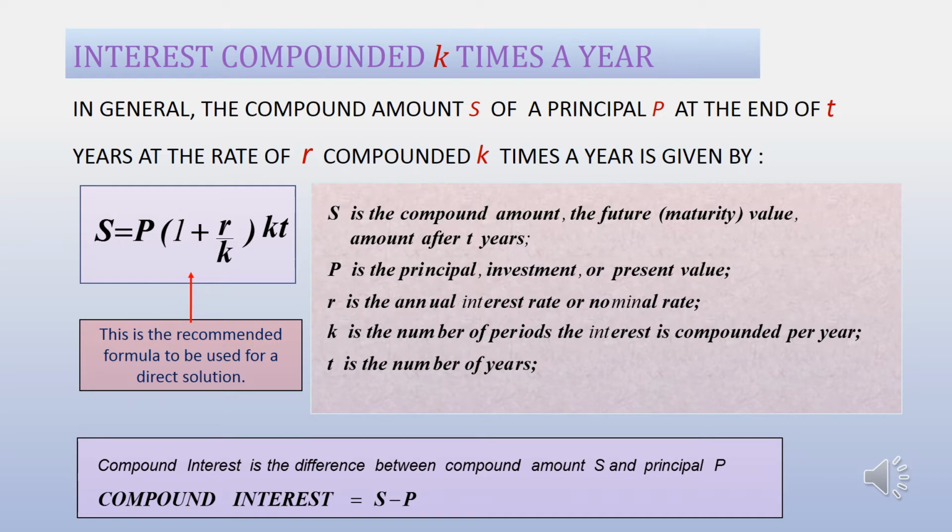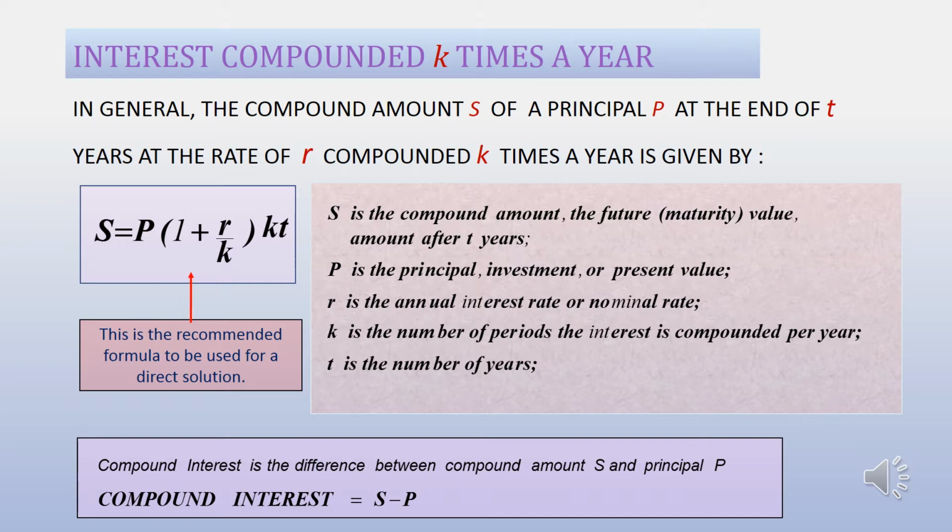Here, we substitute the value of I with R over K, and we substitute the value of N with K multiplied with T. We can see here that we have 5 variables: S, P, R, K, and T.